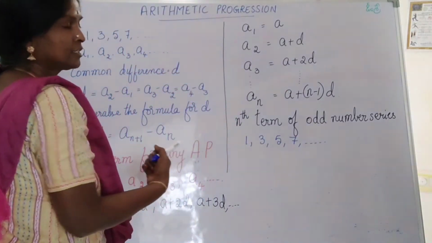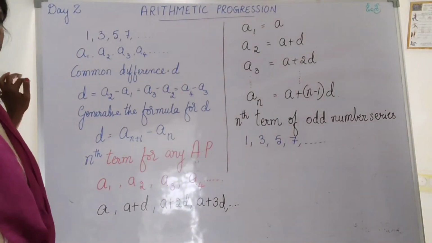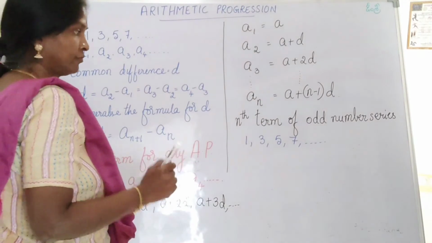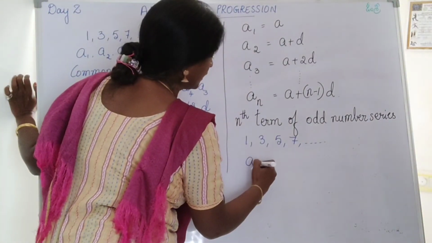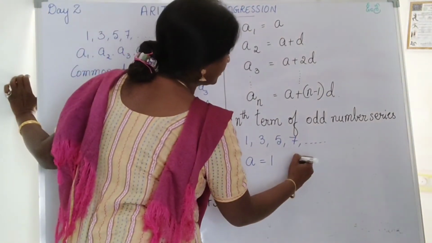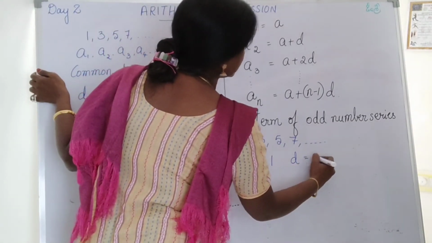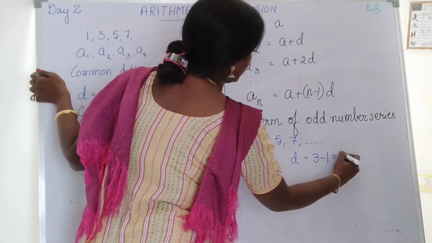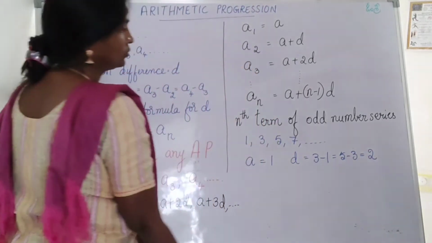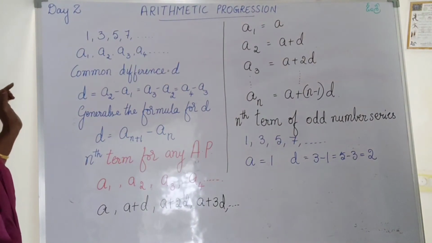First, what we need to identify is the first term and the common difference. We find the first term as 1. How do you get the common difference for this odd number series? It is 3 minus 1, which is again equal to 5 minus 3, which will always be equal to 2. So the common difference is 2 and the first term is 1.